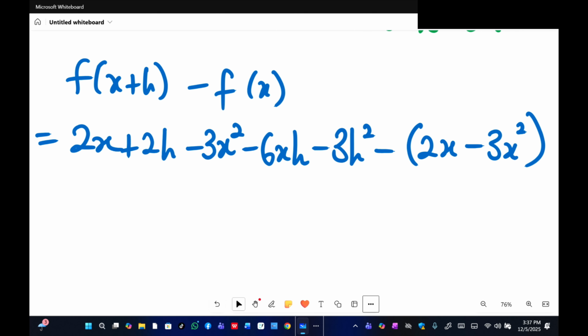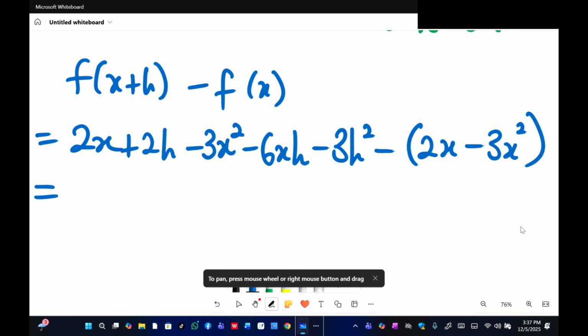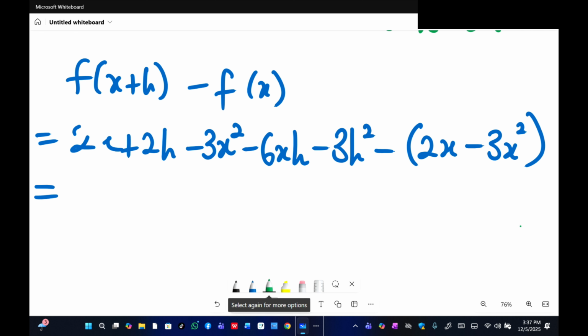So we'll be getting 2x plus 2h. Let's just simplify straightforward because of time. So we have 2x here minus 2x, so this one will cancel this.